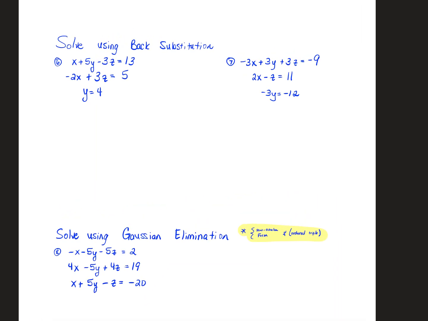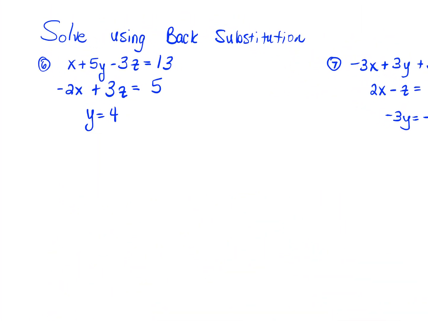All right, so with your back substitution, for number 6, you have x plus 5y minus 3z is equal to 13. Negative 2x plus 3z is equal to 5, and y is equal to 4. For this one, your question's not really going to work out too well.